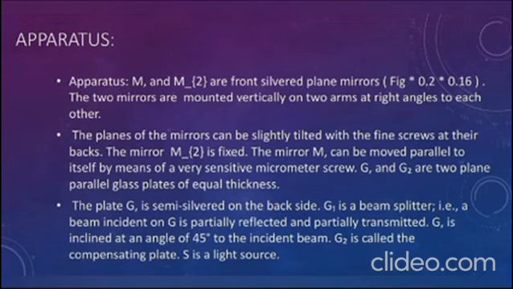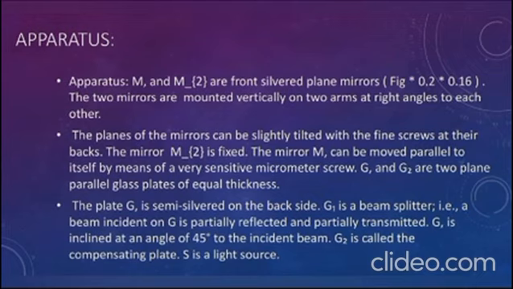Mirror M1 can be moved parallel to itself by means of a very sensitive micrometer screw. G1 and G2 are two plane parallel glass plates of equal thickness. The plate G1 is semi-silvered on the back side. G1 is a beam splitter such that a beam incident on G1 is partially reflected and partially transmitted.